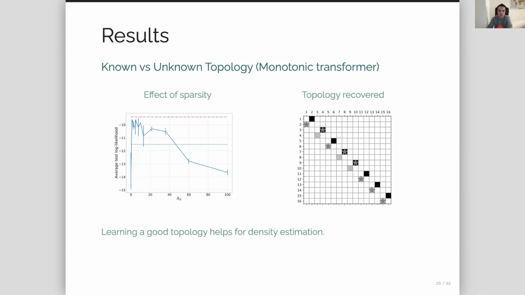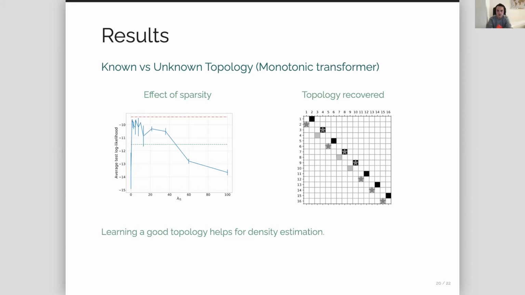And in green, you see the results with an autoregressive layer. And you see that learning the topology may improve with respect to autoregressive layers, and that we may reach results that are almost as good as if you were given a correct Bayesian network.